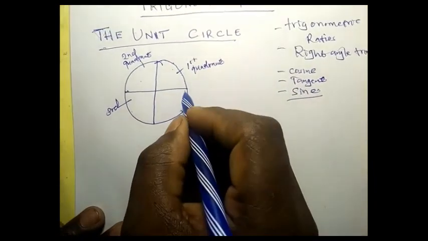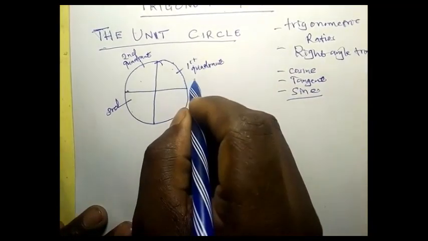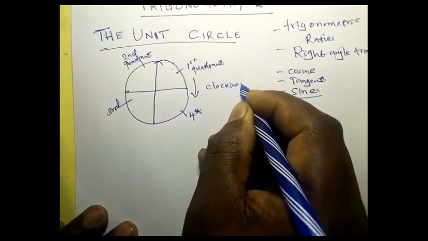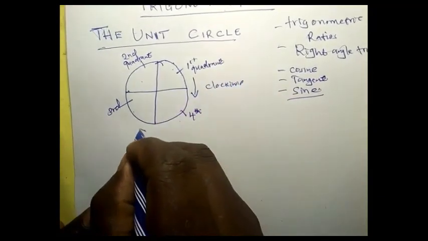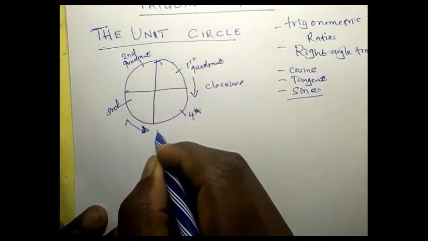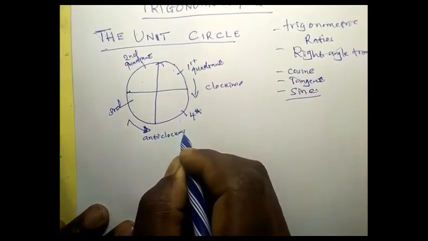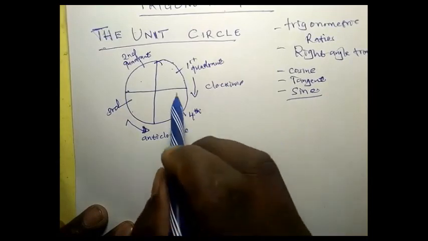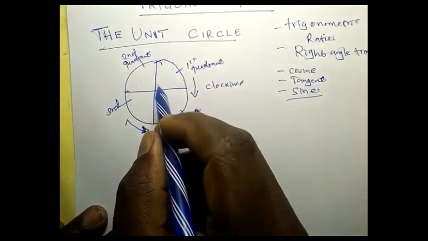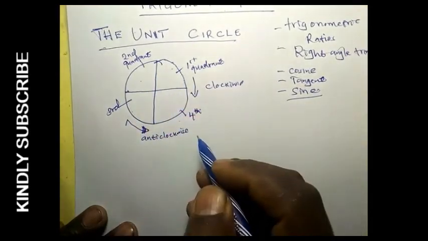Now, you know how the wall clock works. This direction is called clockwise, and this direction, when you go this way, is called anti-clockwise. Very important to know. So we read angles using a unit circle either way, either clockwise or anti-clockwise.